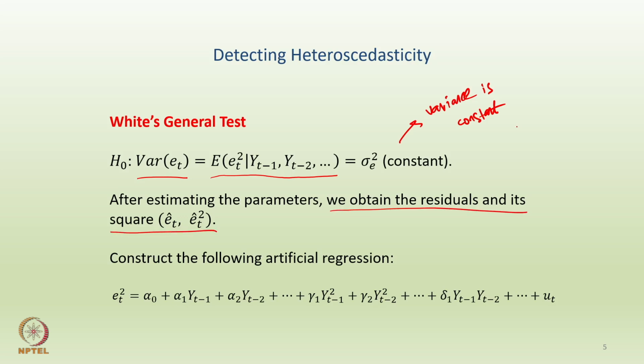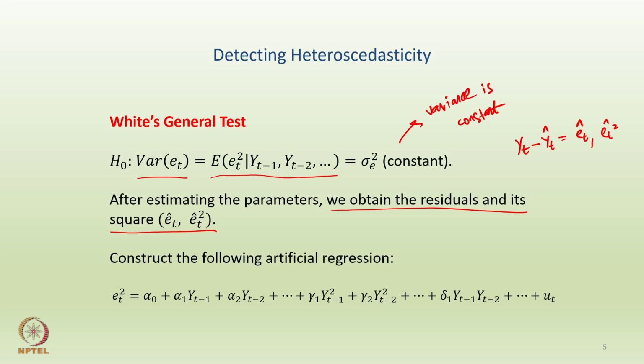So, let us say the actual time series process is Yt, then you apply some estimation technique, get hold of Yt hat, and then these are nothing but my Et hat values, which are residual values. From these Et hat values, if you simply square them, you can also get Et hat square values. So, after estimating the parameters, we get hold of Et hat and Et hat squared values.